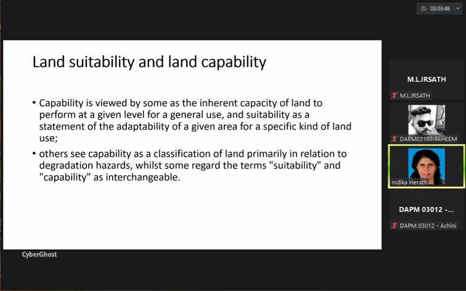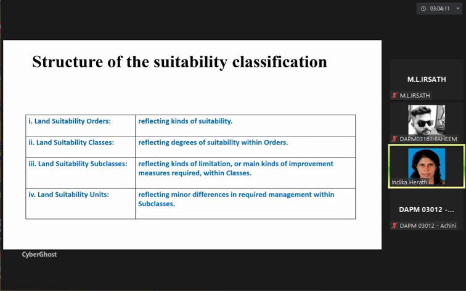So suitability is generally for a specific purpose, right? For example, the land is capable for agriculture and suitable for coconut, right? So that means the capability is the overall concept. So it is more narrowed down into suitability when you consider the specific purpose, right?